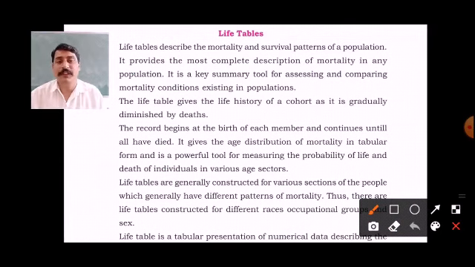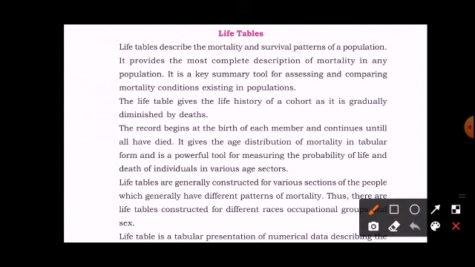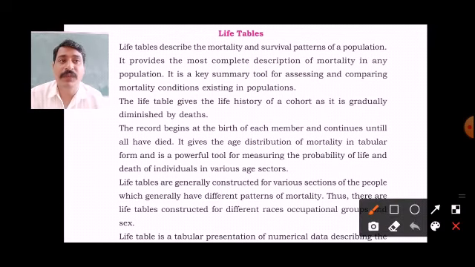What does our definition tell here? The life table gives the life history of a cohort as it is gradually diminished by deaths. It gradually diminishes as the persons die, and the number of persons goes on reducing every year.